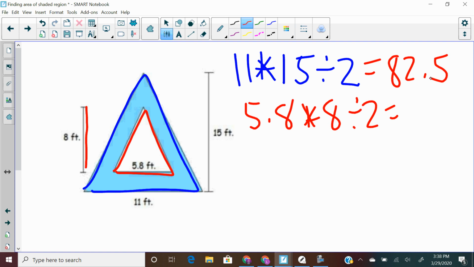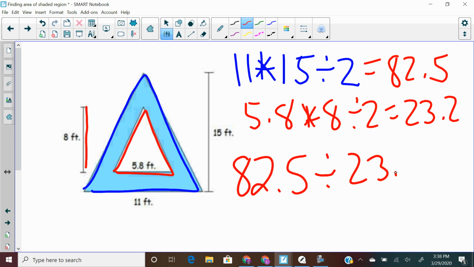And 5.8 times 8 divided by 2 is 23.2. Then I subtract them. So I do 82.5, I'm sorry, minus 23.2. So it's 59.3 feet squared.